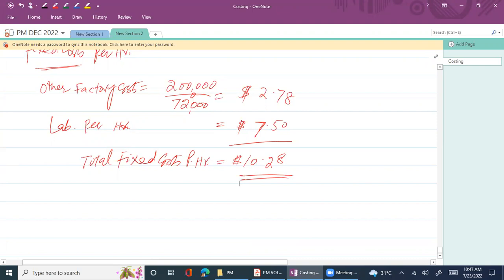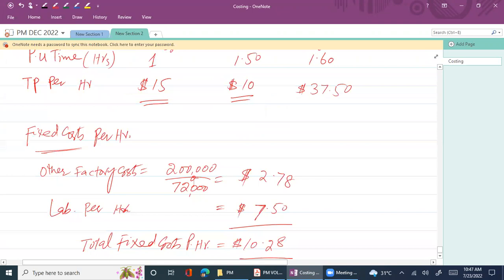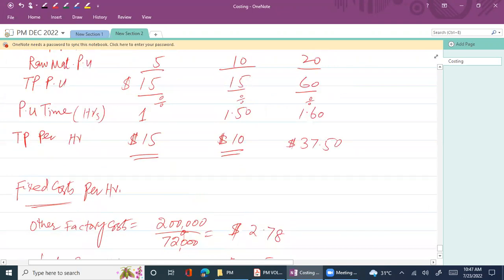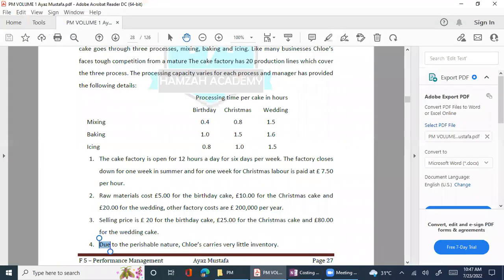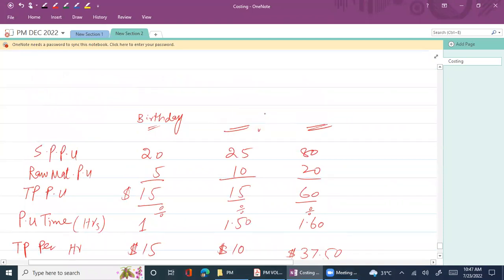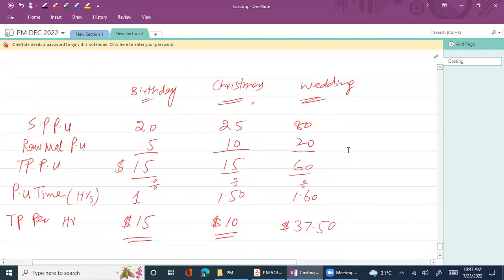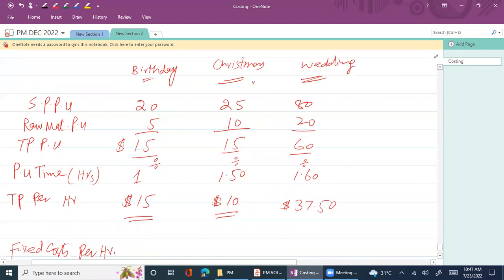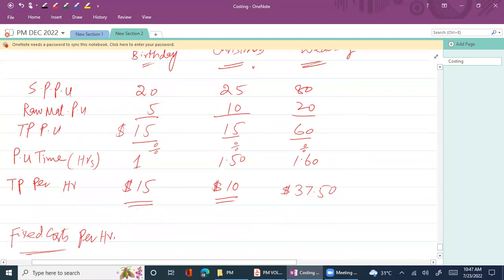So the throughput per hour is calculated. The sequence of this was birthday, Christmas, and wedding, so the heading was wrongly written. I corrected it. So this is 10.28.